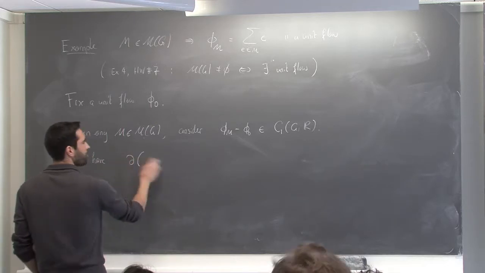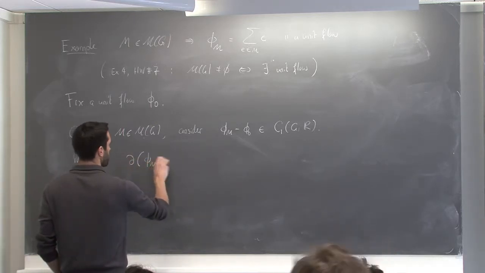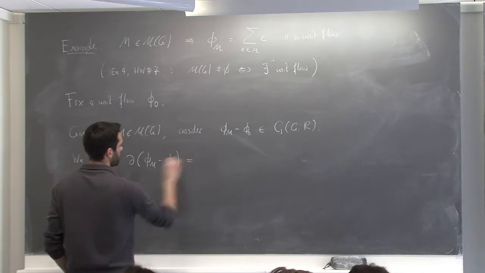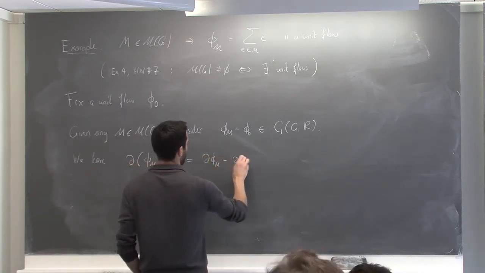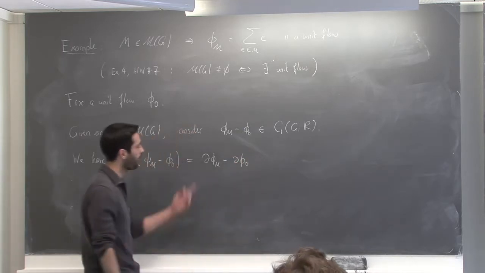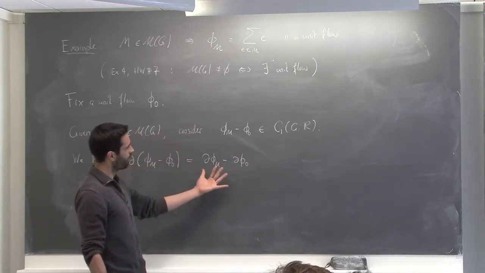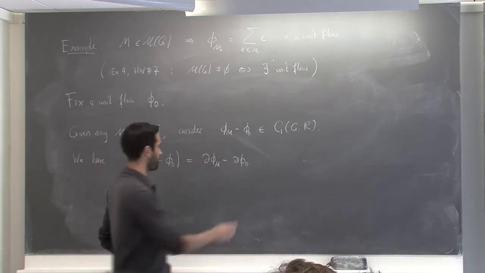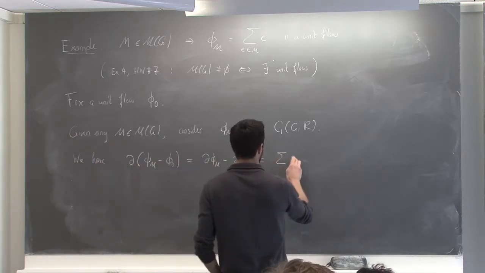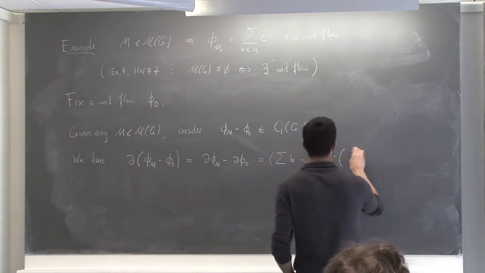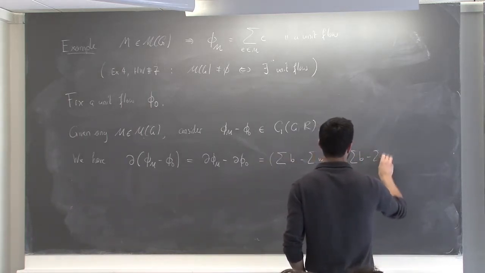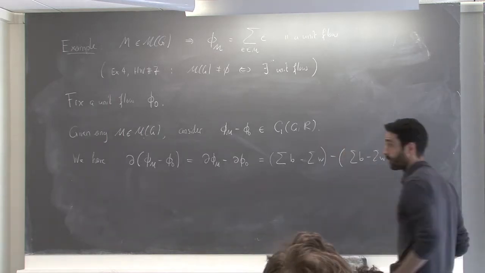If we take the boundary of this element, what do we get? The boundary of phi m minus the boundary of phi 0. And of course, both of them are unit flows, so their boundary is going to be the same. So what we have here is the sum over black vertices minus the sum over white vertices, minus the same thing. This is 0.